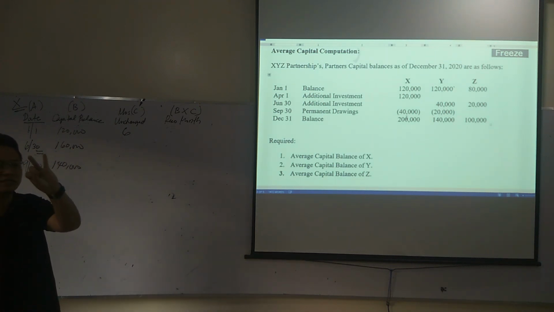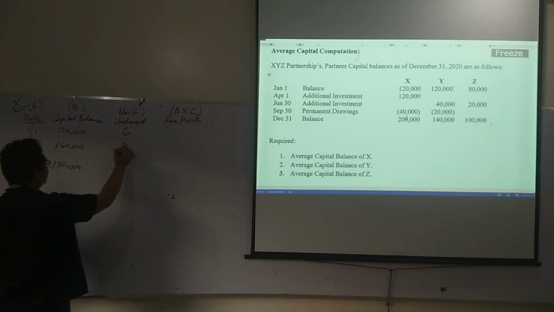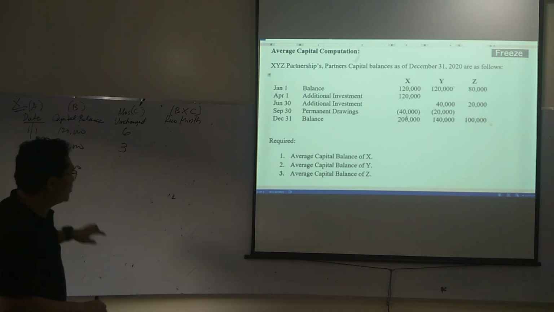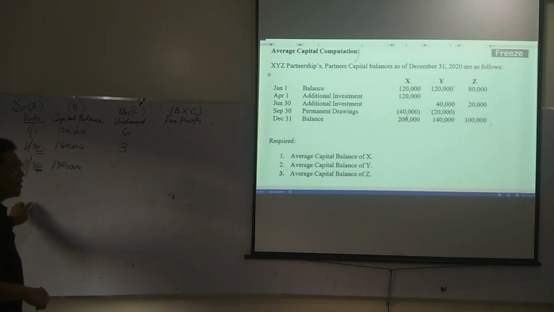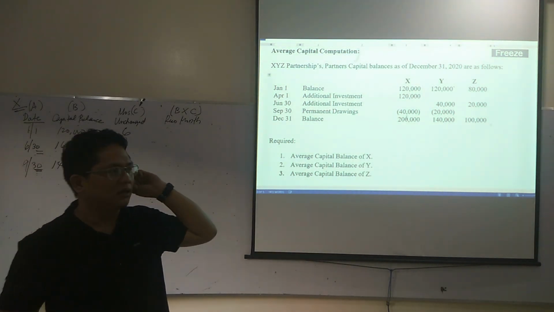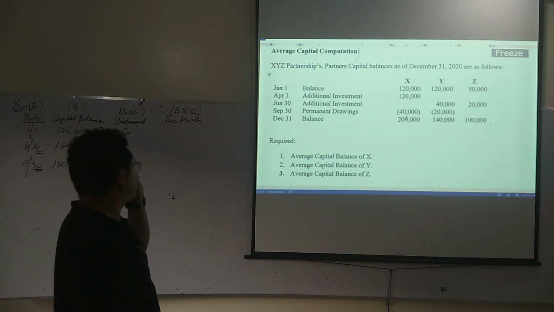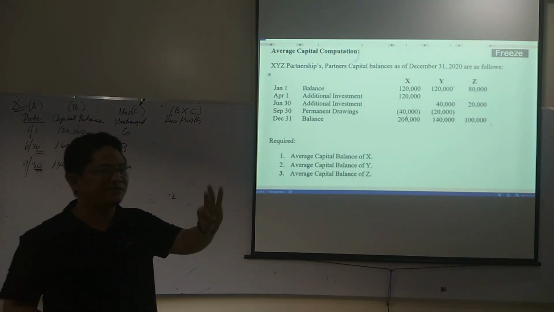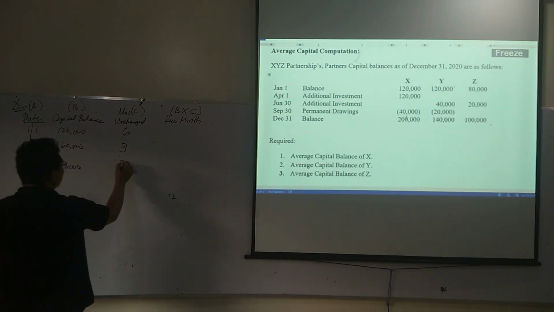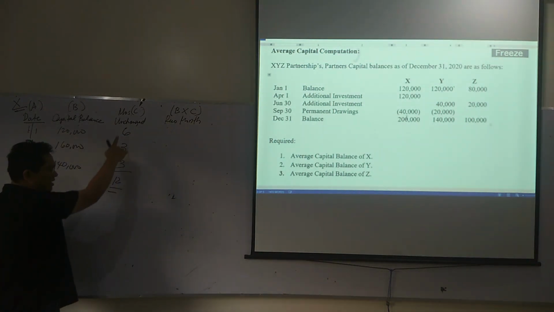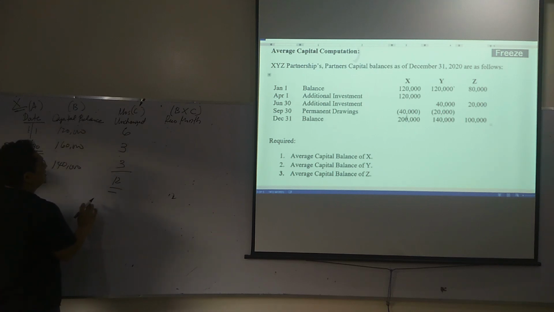So this is 3 months. From September 30 to December 31, our last computation is always up to December 31, so we start counting from October, November, December. So it's 3 months. Again, our check digit is 12. If it's 12, that means you're okay.